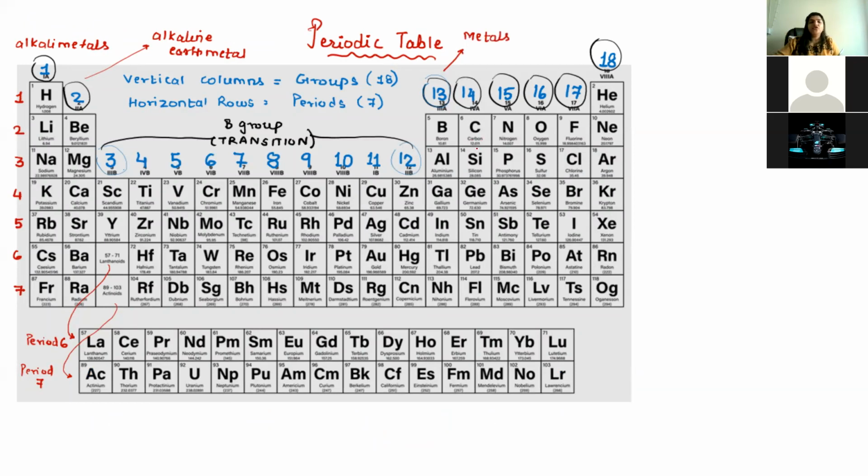Group 14 has a mixture of non-metals and metalloids, where carbon is a non-metal, but silicon and germanium are metalloids, which have properties of both metals and non-metals. Groups 15, 16 and 17 are all non-metals.